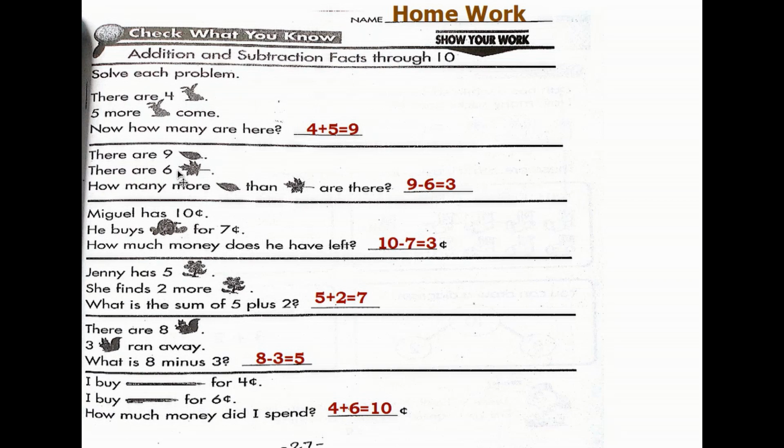Again here, you have 9 leaves of one type and 6 of another type. How many more leaves of the first type than the second one? So you are asking here what, addition or subtraction? Since it says how many more, that means subtraction.